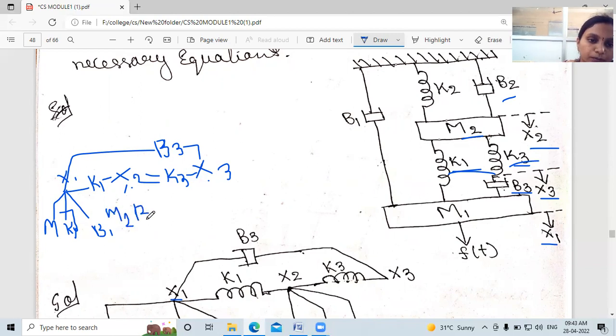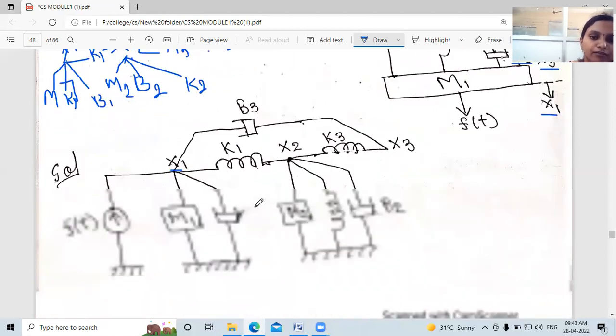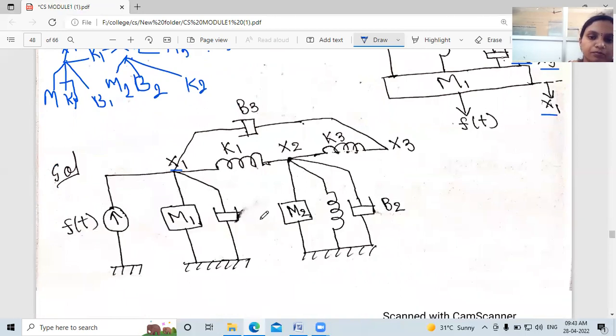M2, B2, and next K2. So same here we have done. Same. This is K2. This is okay.